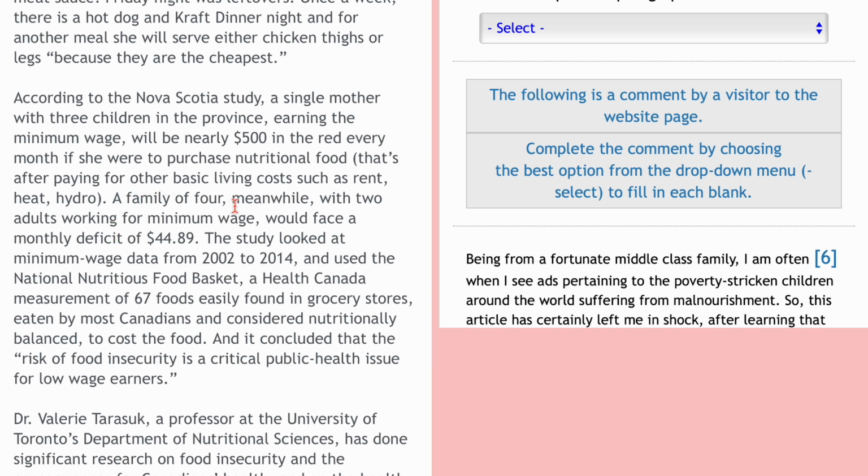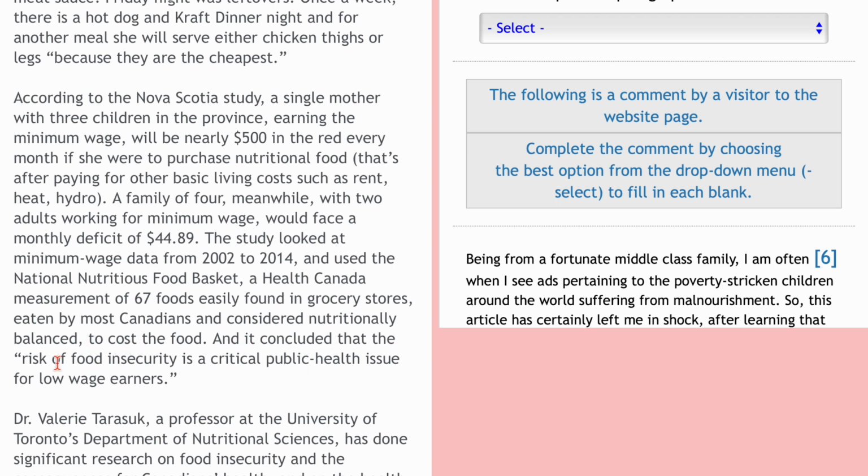A family of 4, meanwhile, with 2 adults working for minimum wage would face a monthly deficit of $44.89. The study looked at minimum wage data from 2002 to 2014, okay, and used a National Nutritious Food Basket, a Health Canada measurement of 67 foods easily found in grocery stores, eaten by Canadians and considered nutritionally balanced, to cost of food.